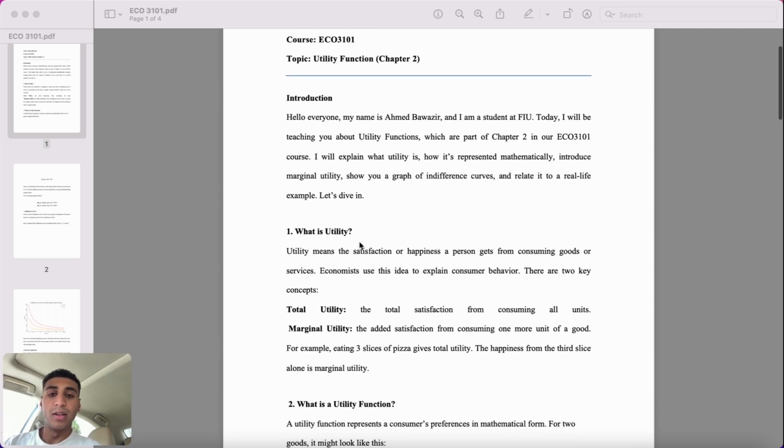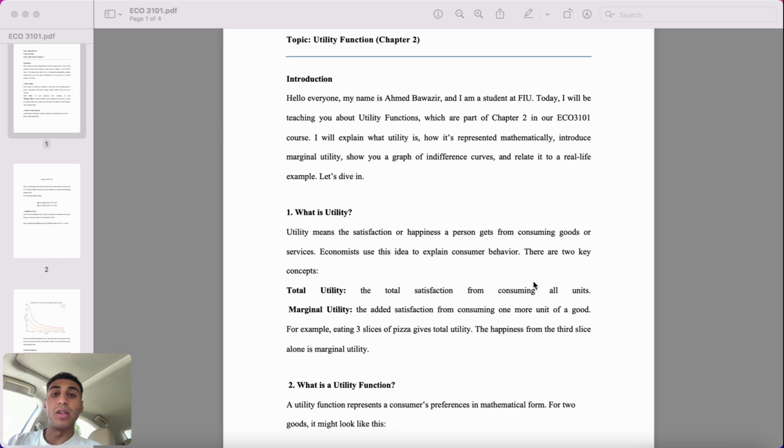What is utility? Utility means the satisfaction or happiness a person gets from consuming goods or services. Economists use this idea to explain consumer behavior. There are two key concepts of utility.